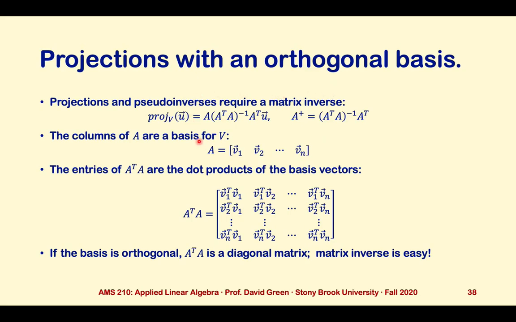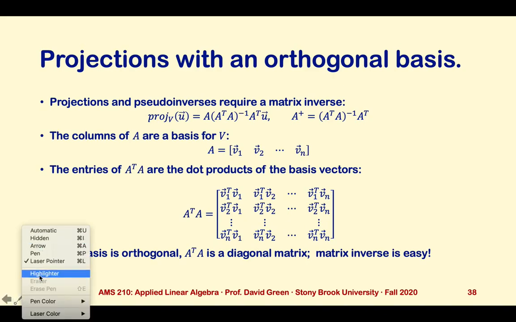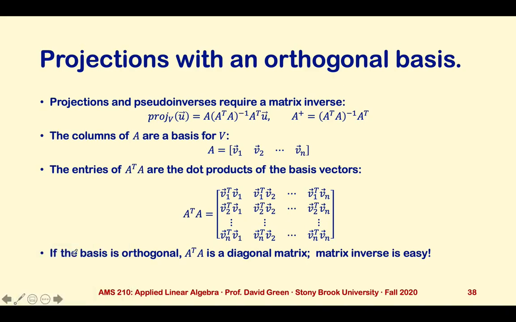Let's think a little bit about what this A transpose A looks like. Well, the columns of A in this form are simply the vectors of a basis for the vector space we're dealing with, which means if we take A transpose times A, we are going to end up with the result shown here.